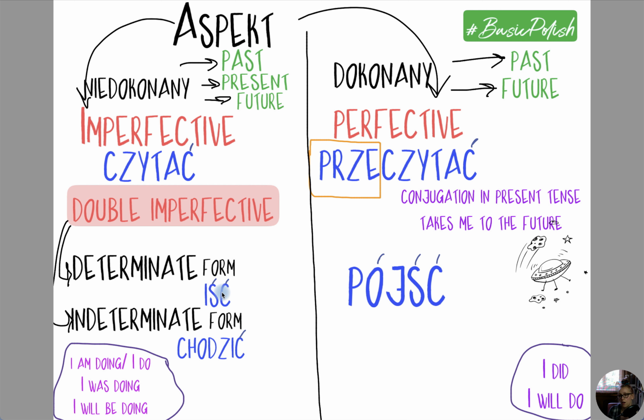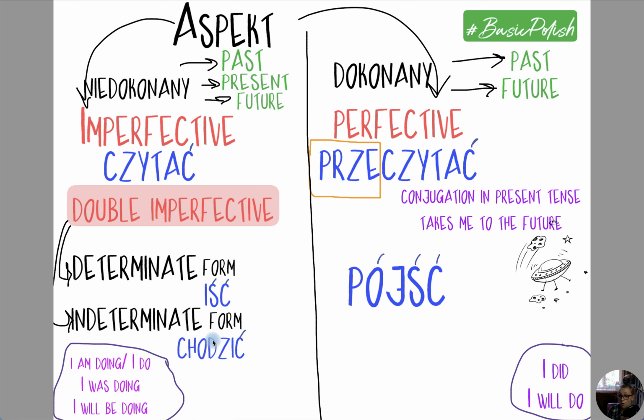In other words, you will be able to say that you will fly or you flew somewhere. You will go or you went somewhere, right? So pójść is the verb that is the perfective partner of iść.